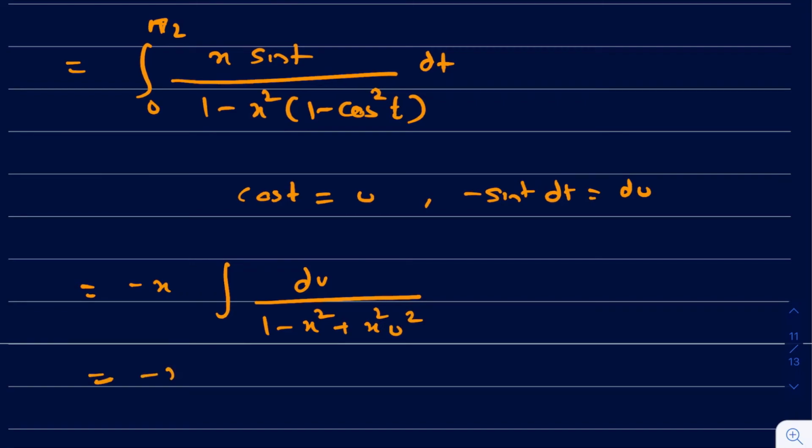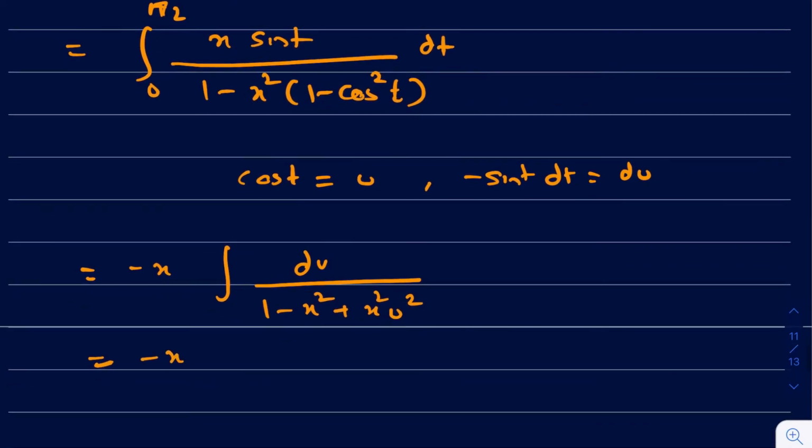This can be easily integrated. Integration limits can be managed. When t is tending towards 0, cos 0 is 1, and when t is tending towards pi by 2, cos pi by 2 is 0. So I can again change the limits and write 0 to 1, integration du upon 1 minus x square.